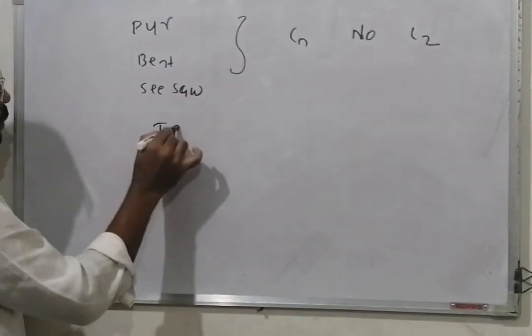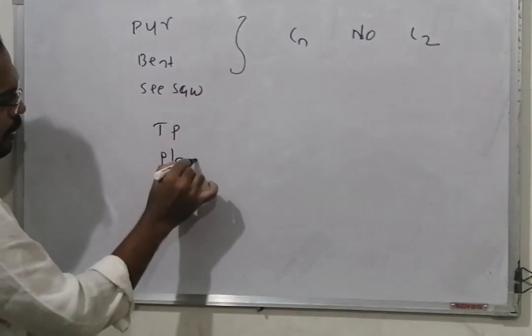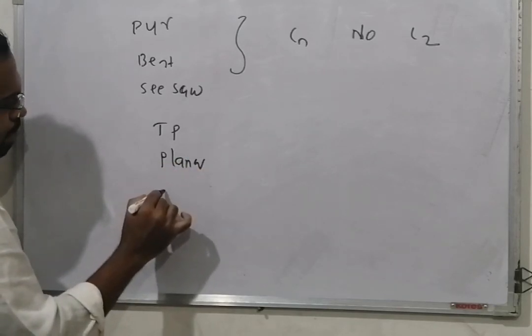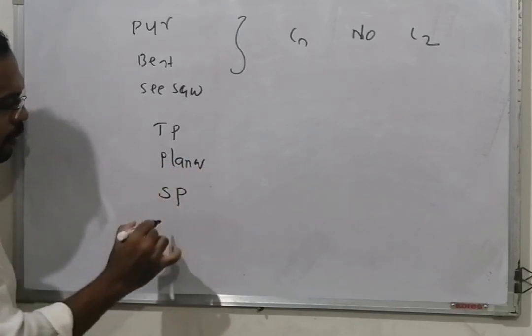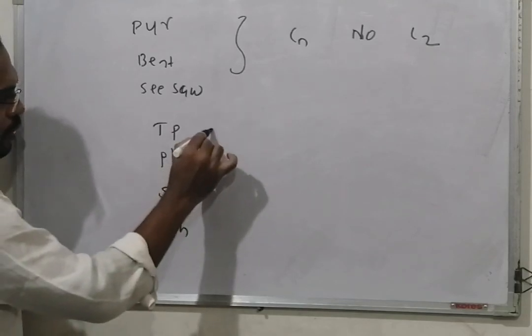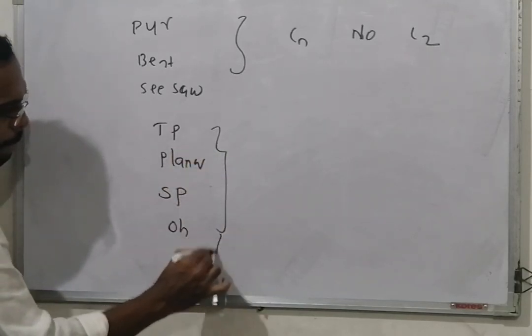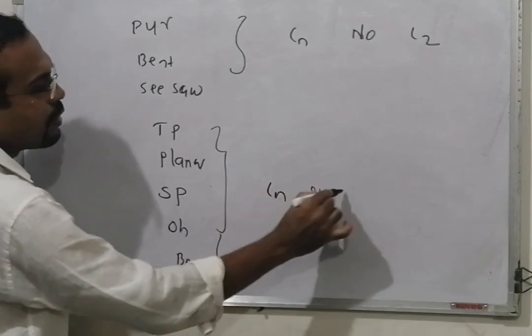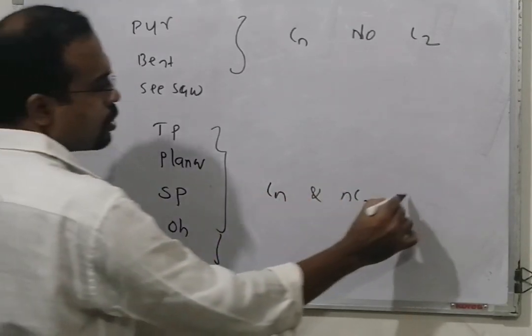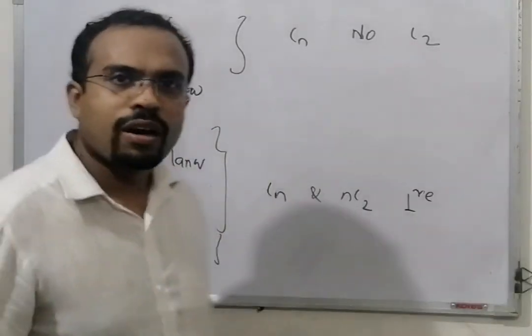Molecules having trigonal planar, or square planar, or octahedral, or benzene-like, have a Cn and C2, both perpendicular. How is the trick?